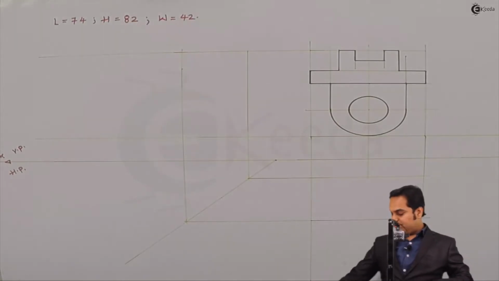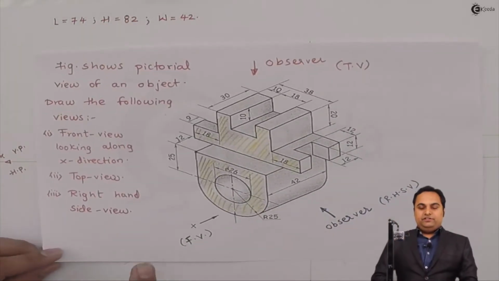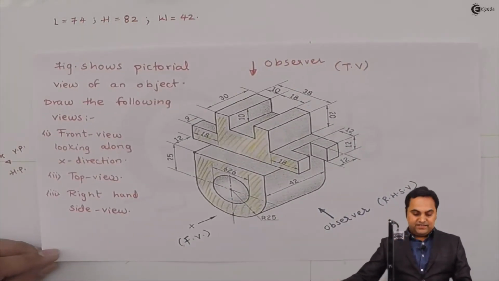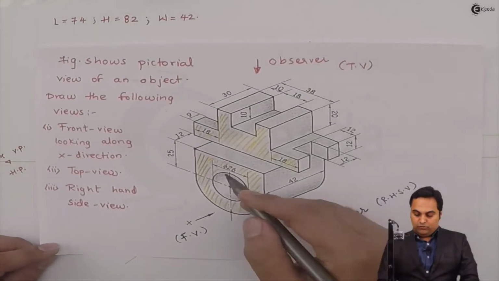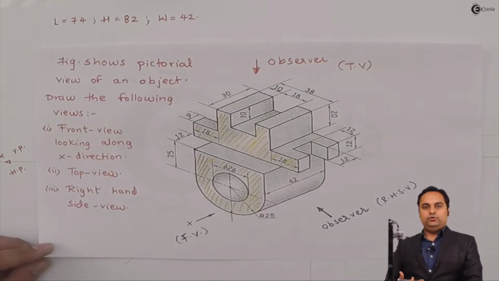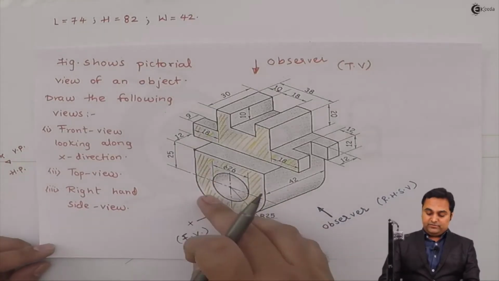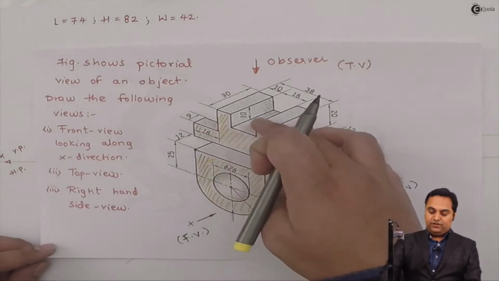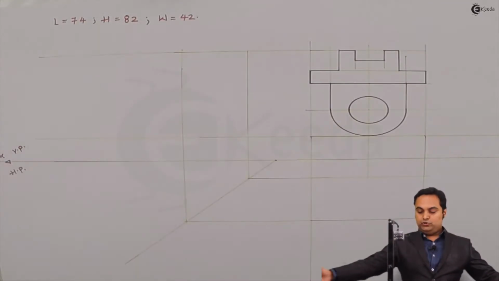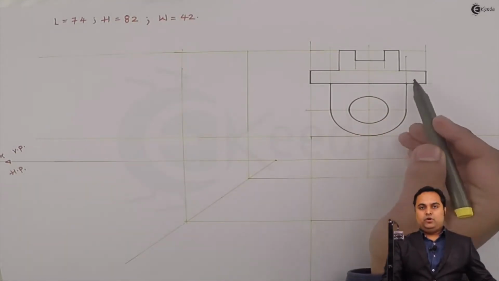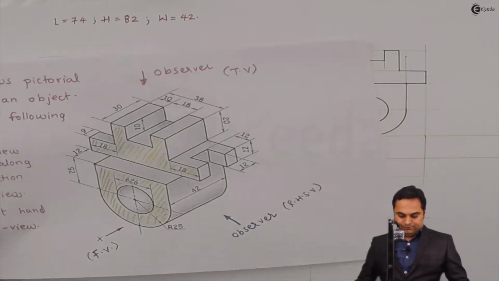So these are the surfaces which are visible from the front, and as I can see here, both these surfaces, they are not onto the same plane. Like this semicircular portion is in front, this portion is behind. So to separate them, there is a dark line which shows the change of plane.